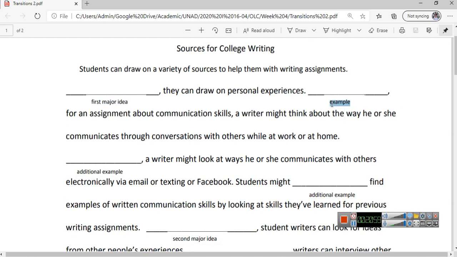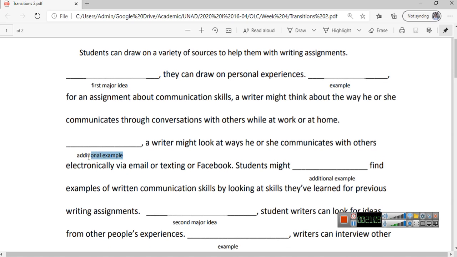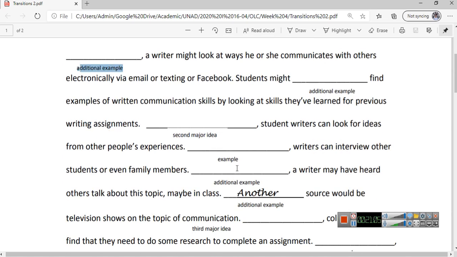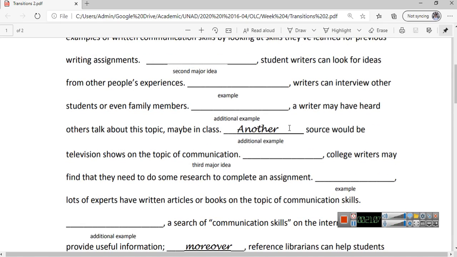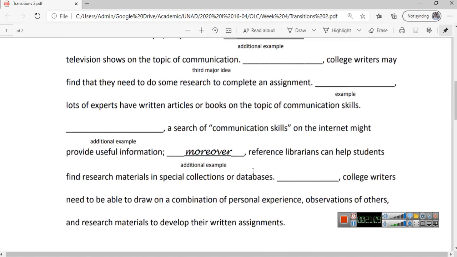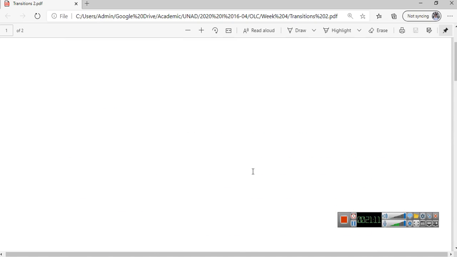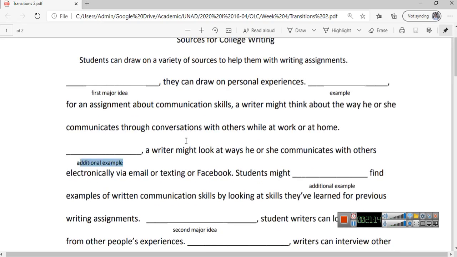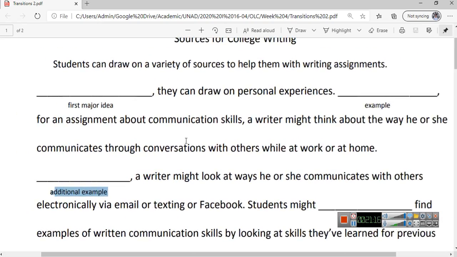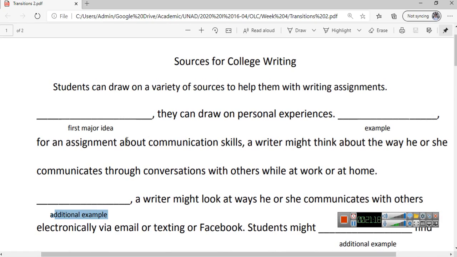On the second, I need to make an example. This one, I need to make another example, second major idea, third major idea, and so on. So we're gonna do transitional phrases, and I want you guys to give me some examples. Be original, or use some of the transitional phrases that we just talked about.